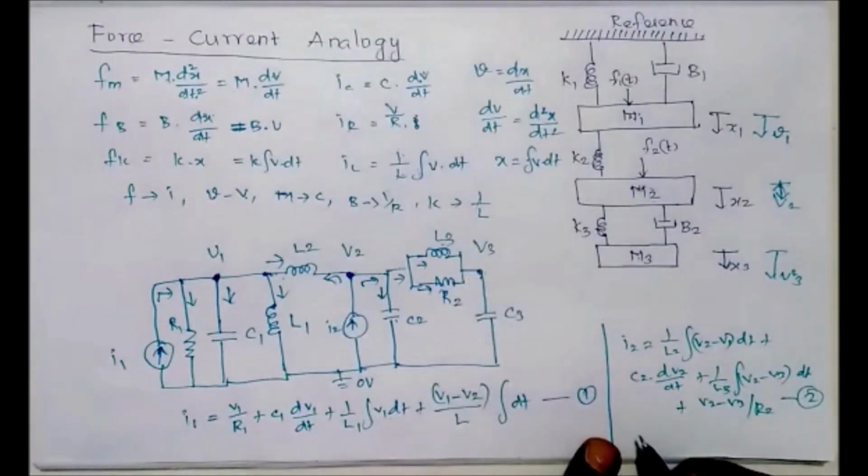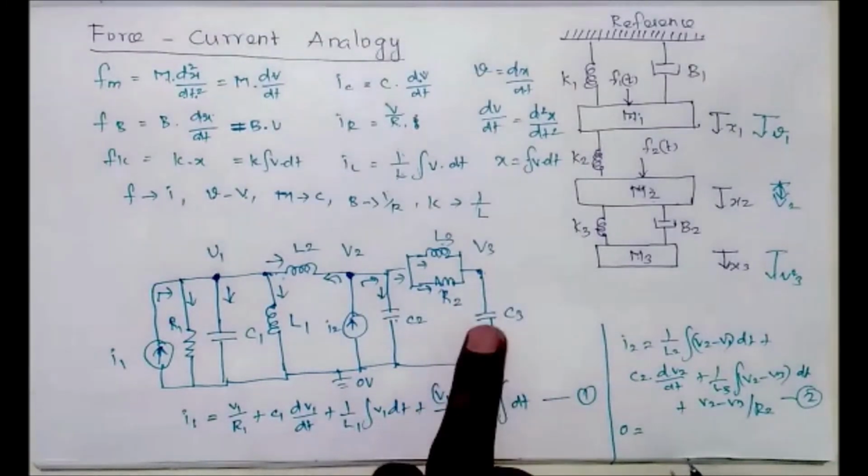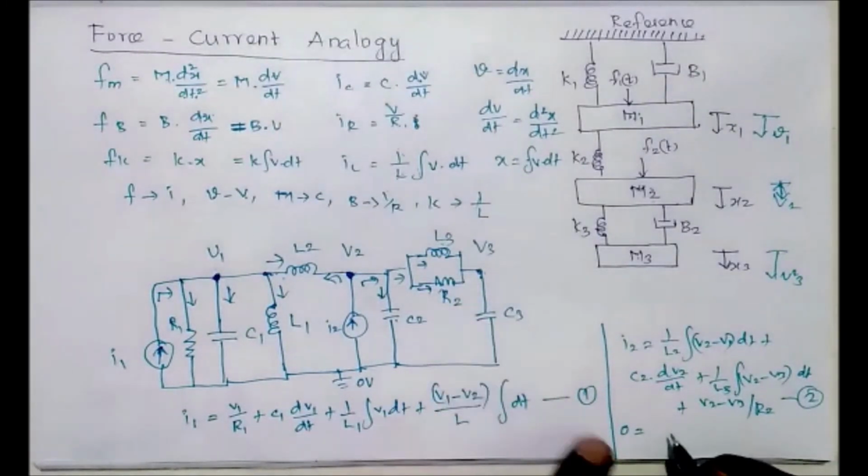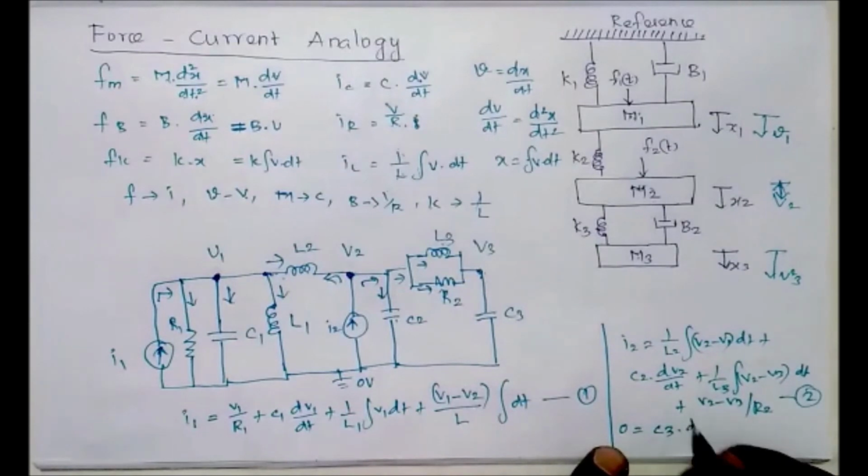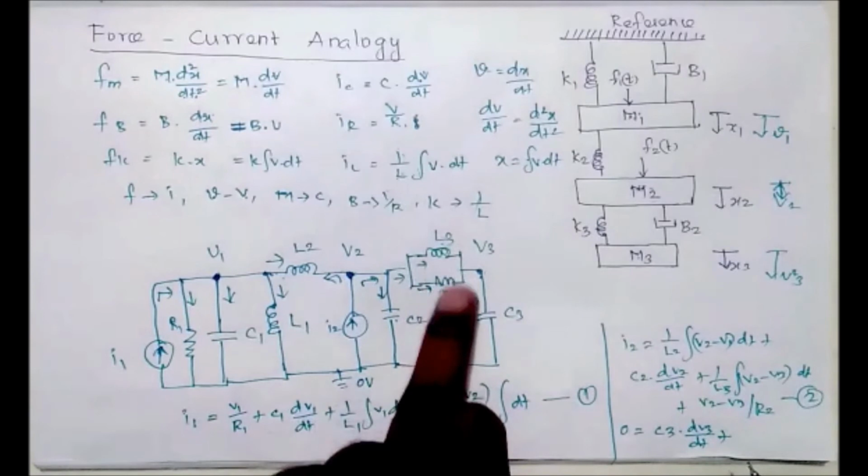Next we have to take node 3. There is no input current here, therefore 0 equal to current through this capacitor, we know, C3 into dV3 divided by dt plus. Next we have to consider these two also.